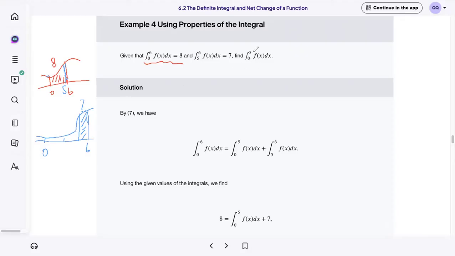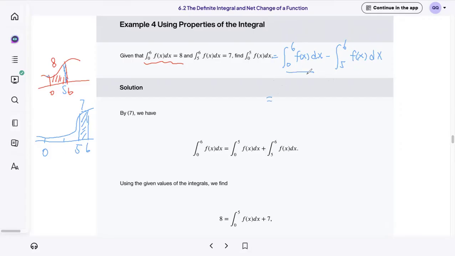And we want to find 0 to 5. Well, we found it already, right? This is a minus 7. So let's put it into this. It equals the integral from 0 to 6 of f of x dx, minus the integral from 5 to 6 of f of x dx. So we want this one minus that one.